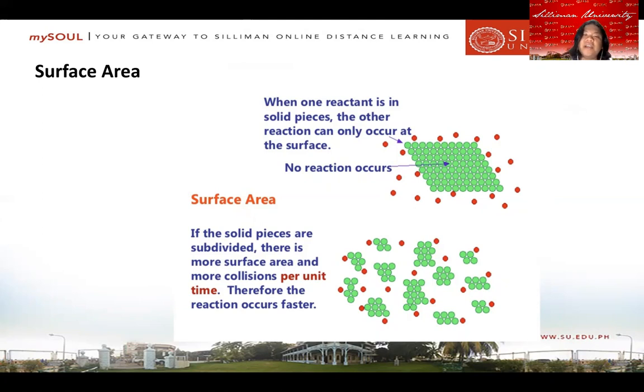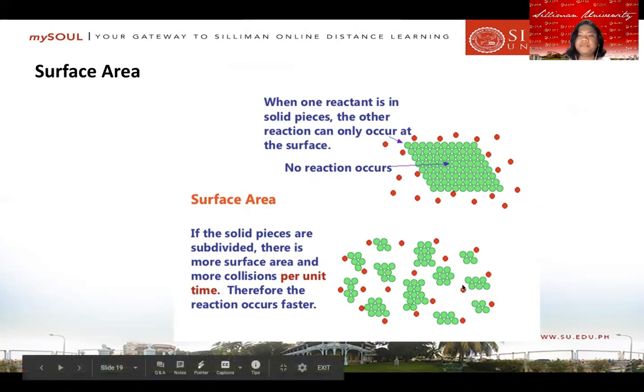More surface area exposed, more collisions, and there will be a faster reaction. So in the representation here, if you have solid pieces of your substance and you allow it to react with other particles, there is limited reaction happening compared to ones that are crushed or subdivided into pieces.